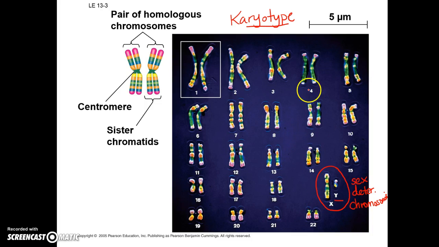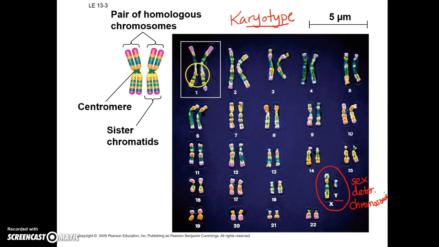All right. Now, notice that each chromosome here, like look at this first pair, it's the same length. One came from the mother, one came from the father, okay? So if this was my karyotype, this would be the chromosome that I received from my mother. This would be the one that I received from my father. Now, my father's chromosome and my mother's chromosome are going to contain different things.